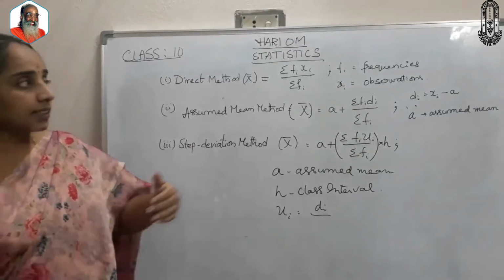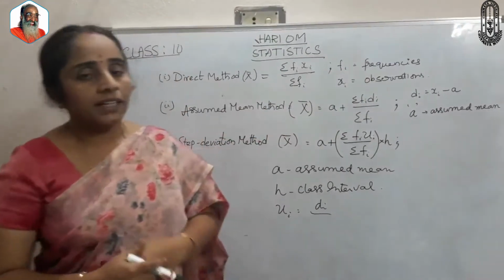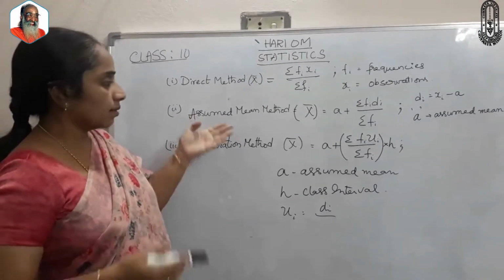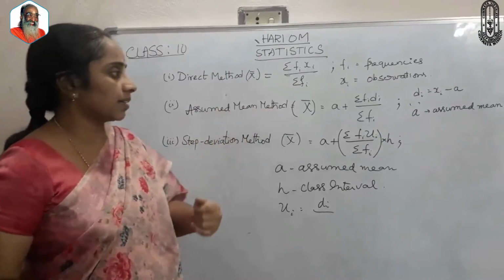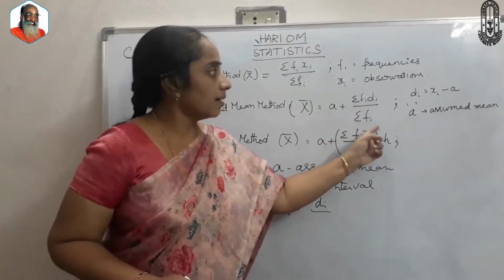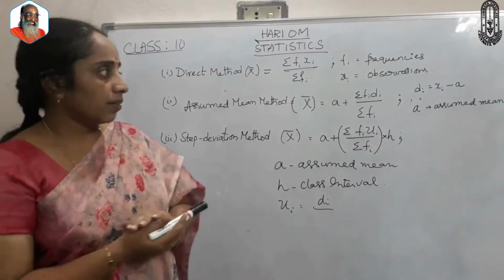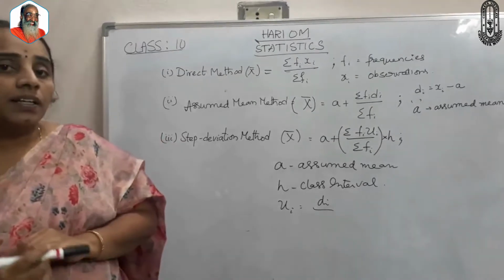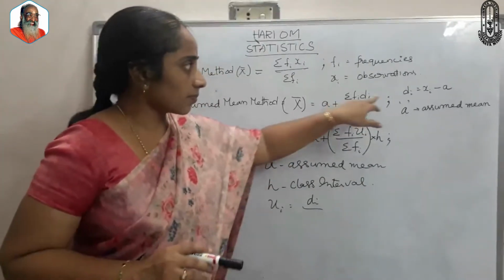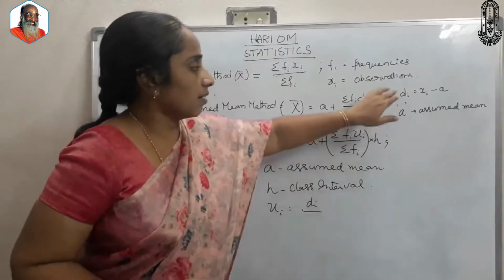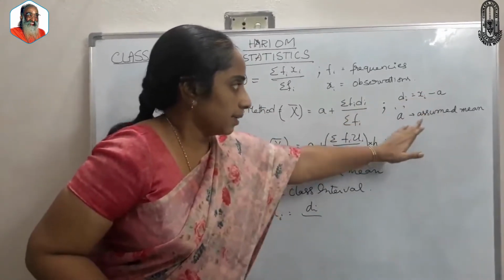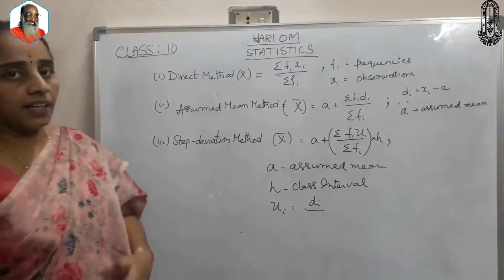When these values are numerically large, we use the assumed mean method, that is a plus sigma fi di by sigma fi. Here, from the exercise we take one assumed value, a. Now the deviations are di is equal to xi minus a, where a is the assumed mean.